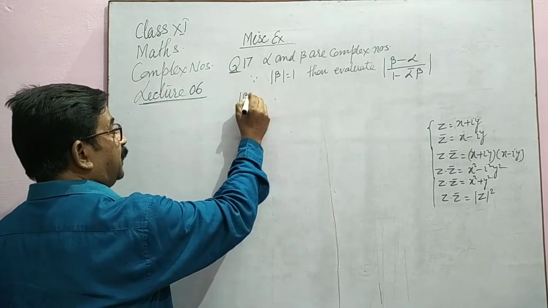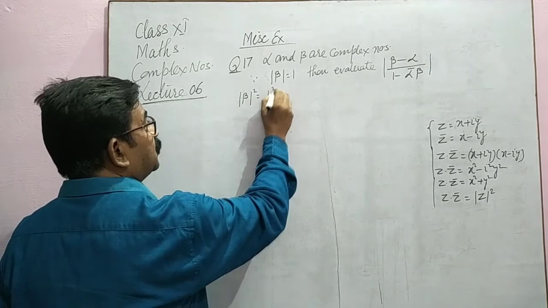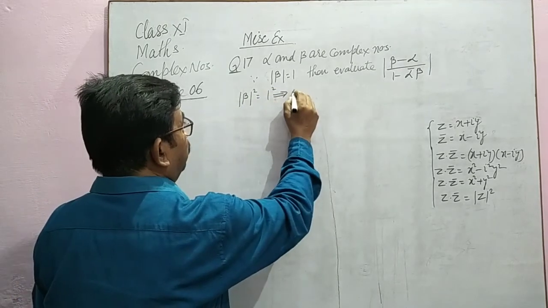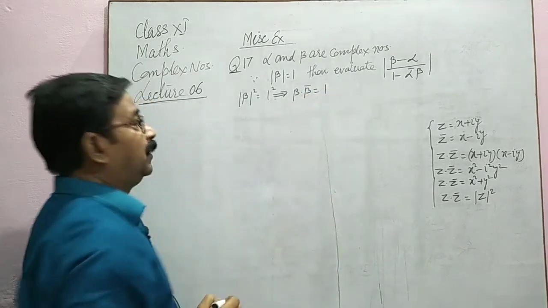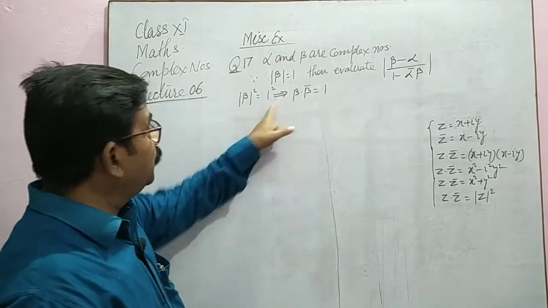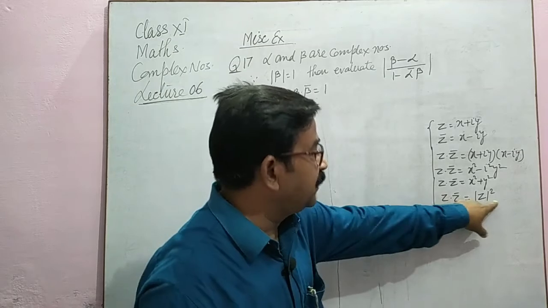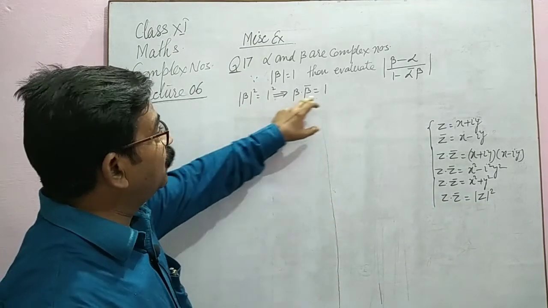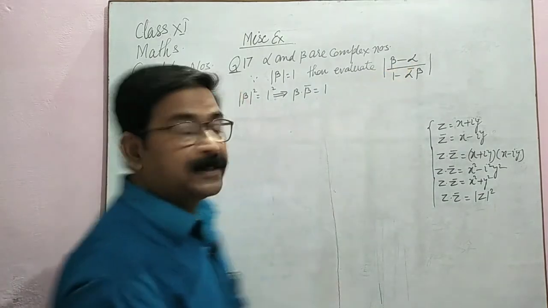Mod of beta whole square is 1 square, and mod of beta square can be written as beta into beta bar is equal to 1, just like z into z bar is equal to mod of z square. We have to find the value of this.